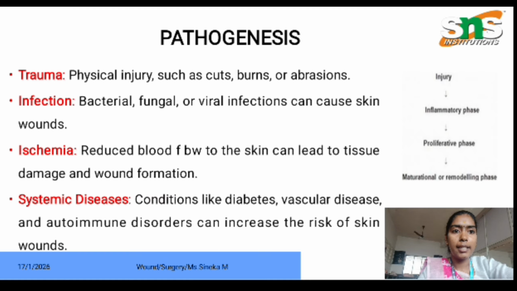Next is systemic disease such as diabetes mellitus, vascular disease and autoimmune disorders, which can increase the risk of skin wounds. When the injury occurs, the inflammatory phase will activate, then the proliferative phase will activate, then the maturational or remodeling phase will cure the wound and it will transform our skin back to its previous state.